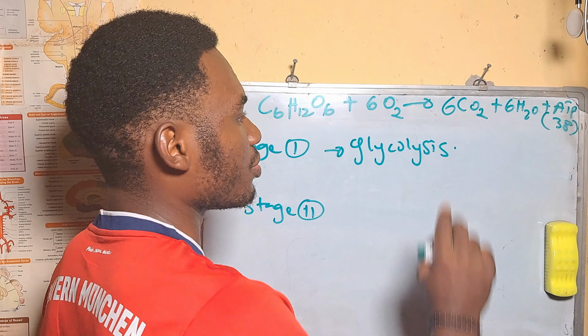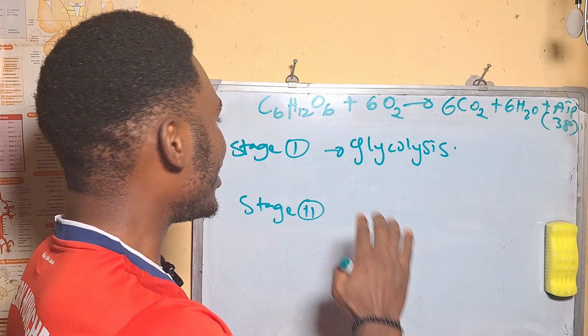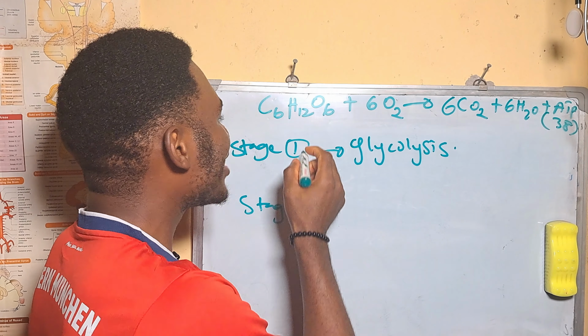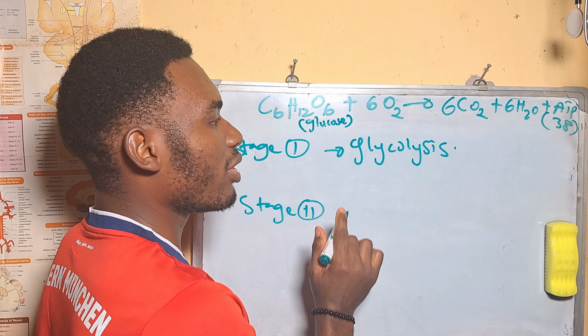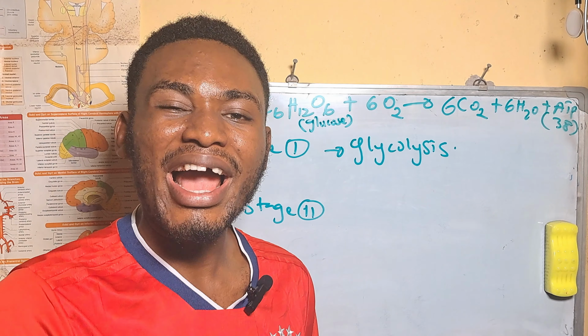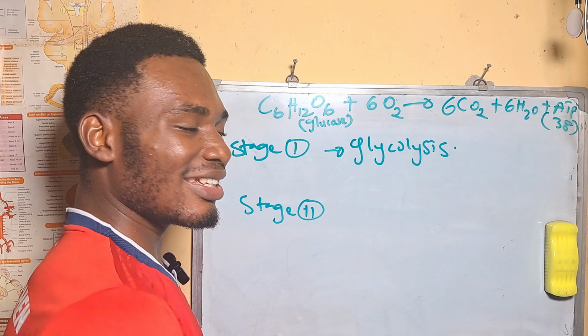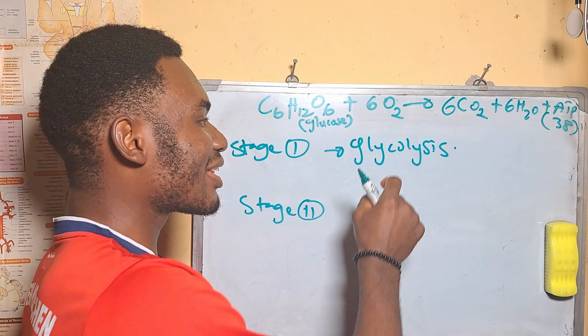So this is the equation of respiration. The stage 1 in cellular respiration is glycolysis. What happens here is that this glucose molecule is broken down to 3-carbon pyruvic acid, otherwise called pyruvate. So the first thing that occurs in cellular respiration is this glycolysis.